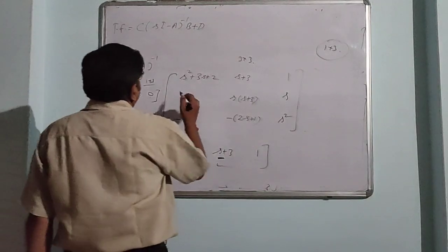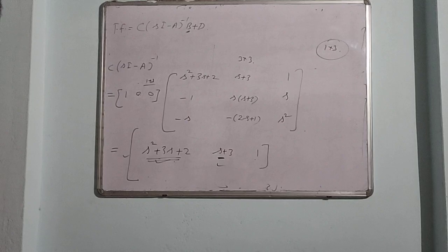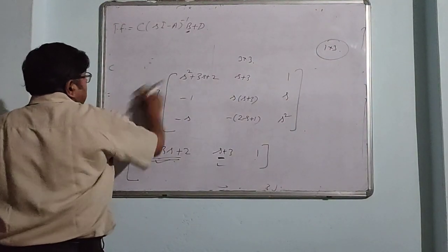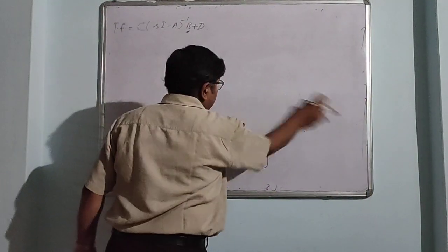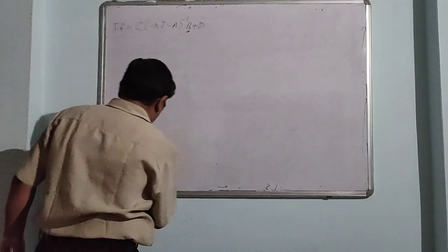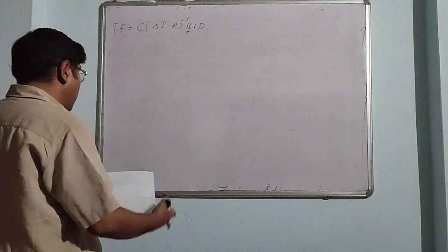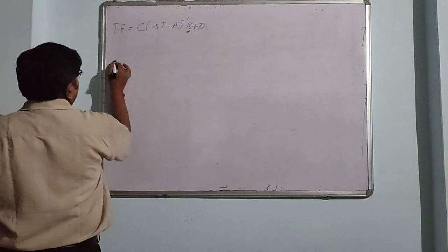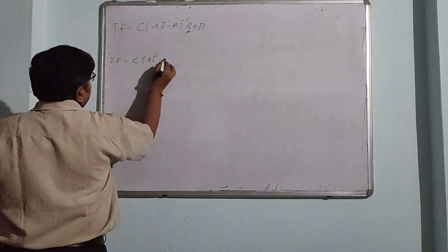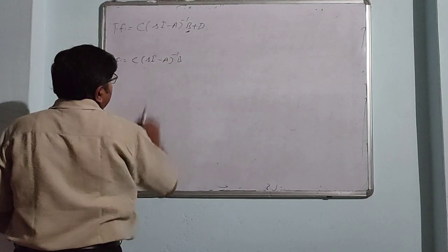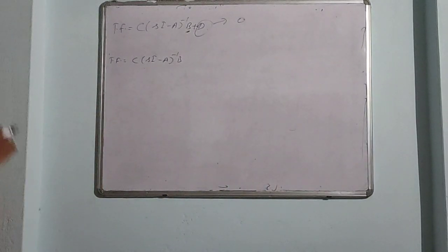Now one thing more, after multiplication you have to multiply this by another matrix. So next multiplication is, so now we can write that the transfer function is given by, I minus A inverse equals, because this is a null matrix, so we are writing this term.